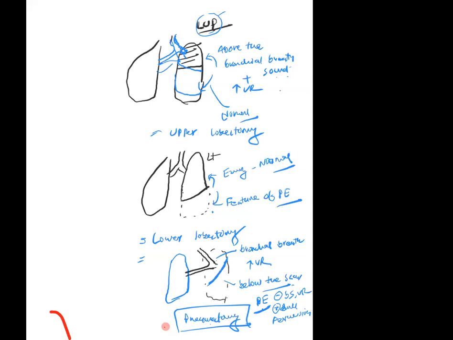Now I will say chest expansibility and movement is reduced in the left side, mostly in the left upper zone. The percussion note will be dull from the first to fourth intercostal space, with increased vocal resonance and bronchial breath sound in that area.